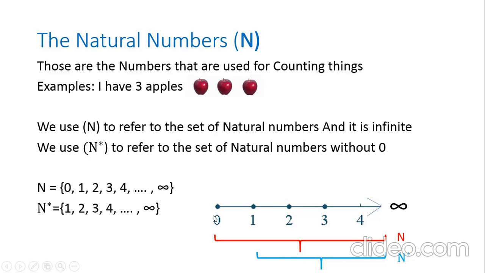We can similarly represent this on the number line, starting from 0, then 1, 2, 3 to infinity, in the case of the natural numbers, and starting from 1 and moving to infinity in the case of natural numbers without 0, or what we call N star.